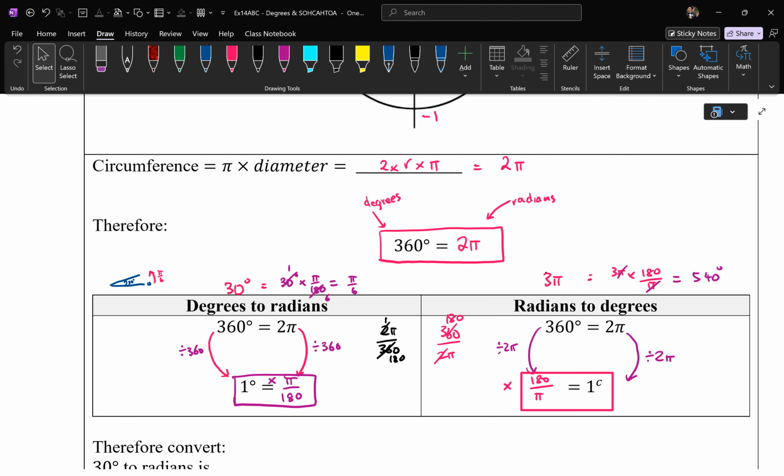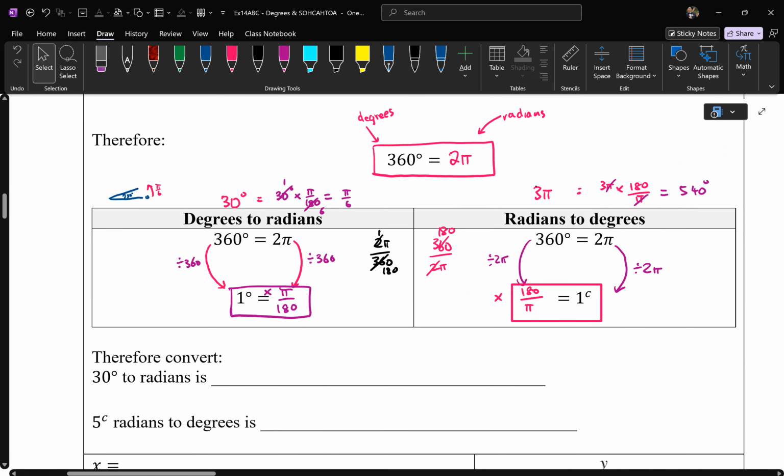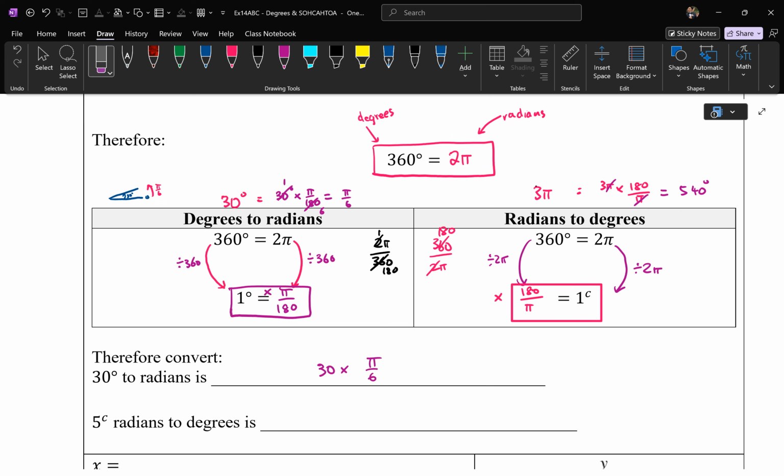So it's conversion. Yeah? All right, so I did this one for you before. 30 times pi on 6. Oh, sorry, not pi on 6. It was pi on 180. And that turned out to be pi on 6. And you can work this out for yourself as well.